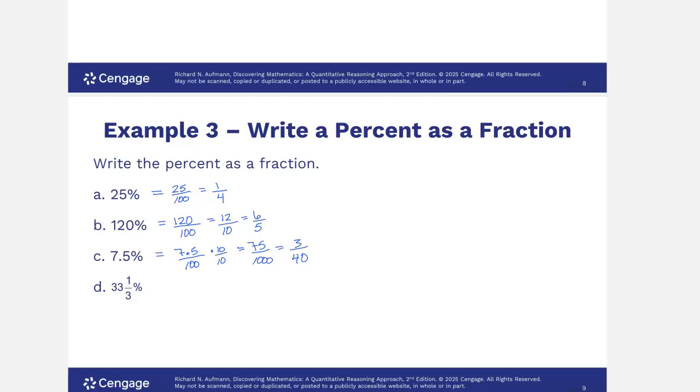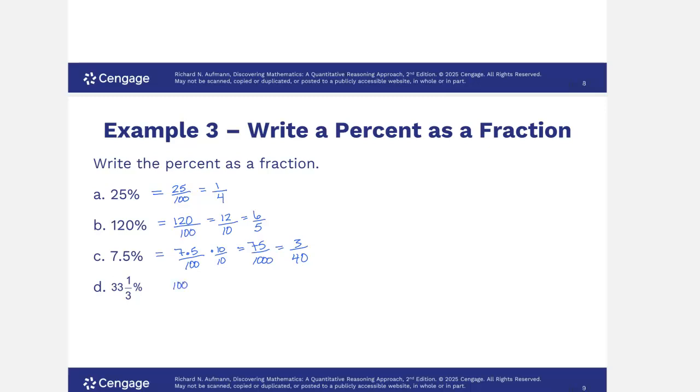And then let's look at that last one. We've got 33 and a third. So I'm going to think about 33 and a third as an improper fraction. To turn this into an improper fraction, it's going to be 33 times 3 plus 1.